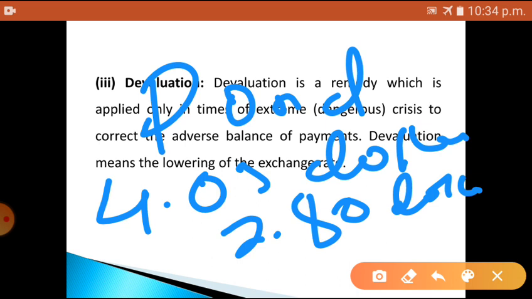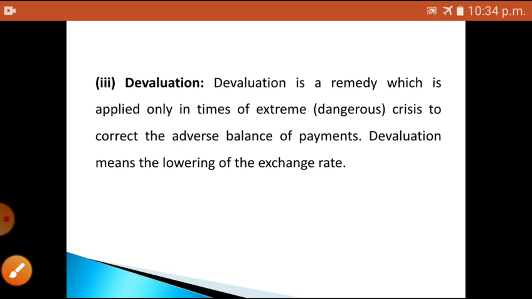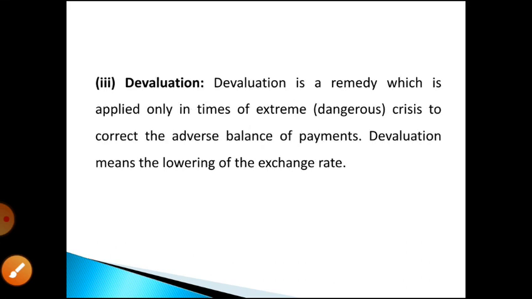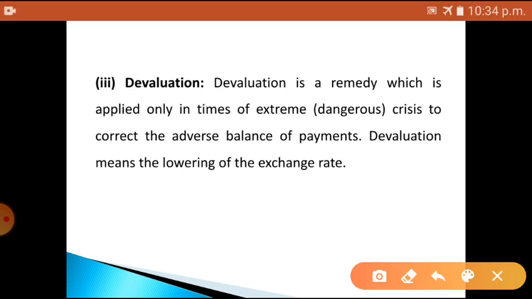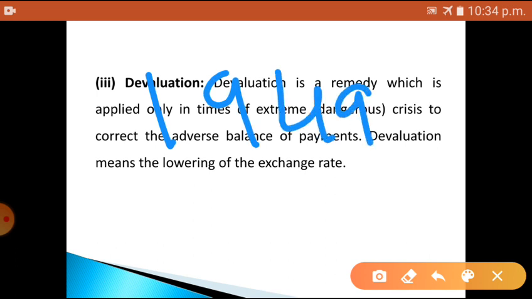That is, by 30% they devalued their currency. It was in September 1949. Why did they adopt it? To correct the disequilibrium in the balance of payment.